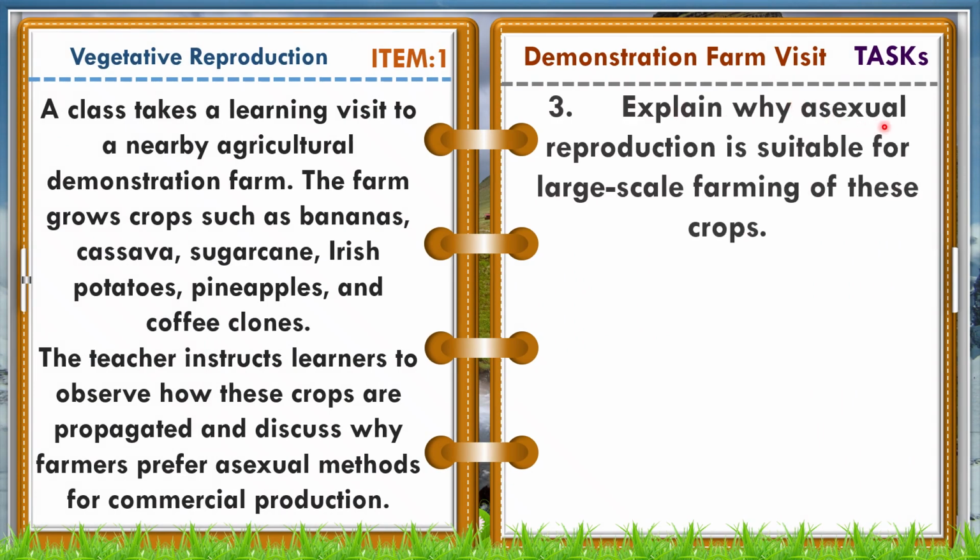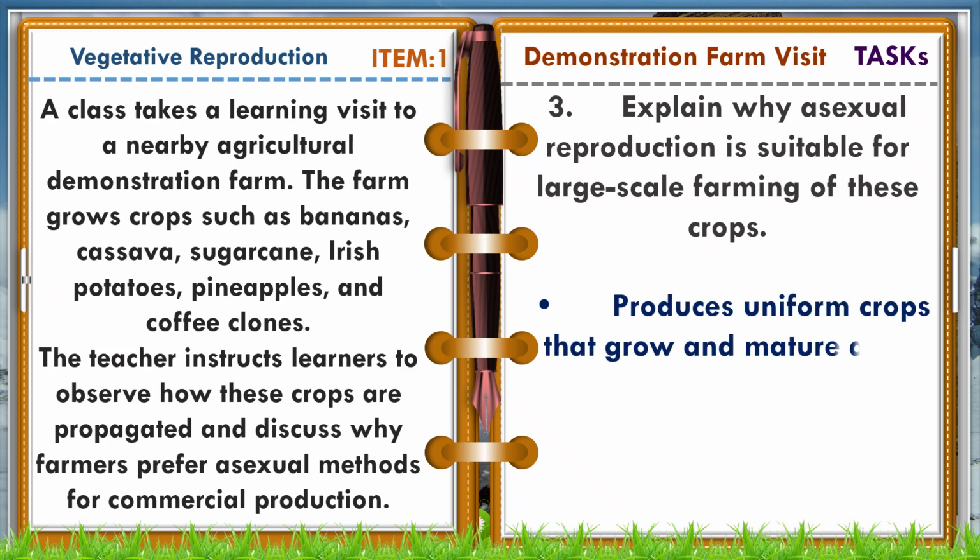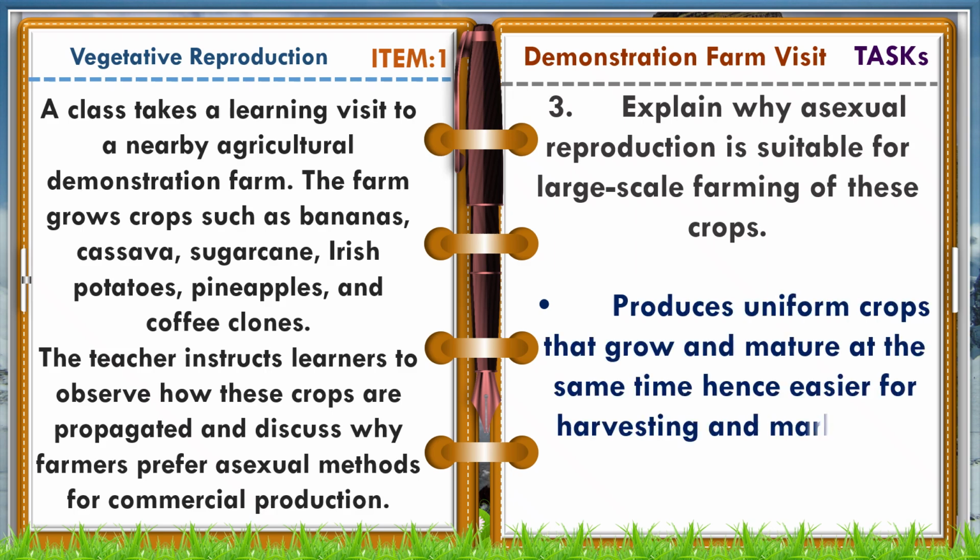Explain why asexual reproduction is suitable for large-scale farming of these crops. They produce uniform crops that grow and mature at the same time, hence easier for harvesting and marketing.